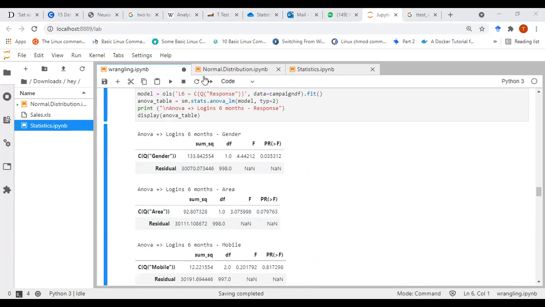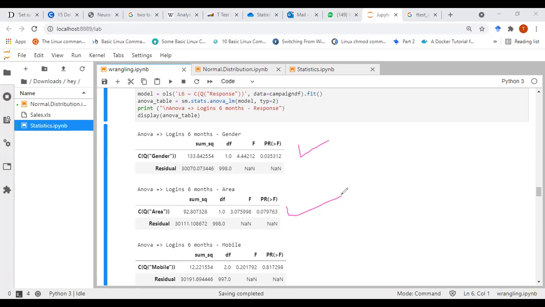What is the conclusion here? In both these, what is the conclusion? For gender and data. What are they saying?